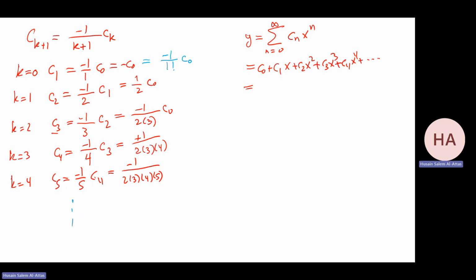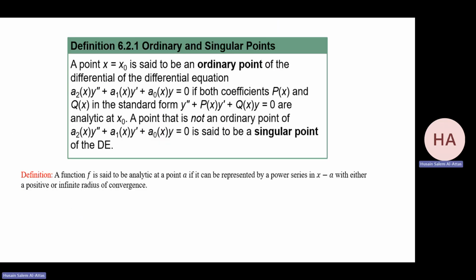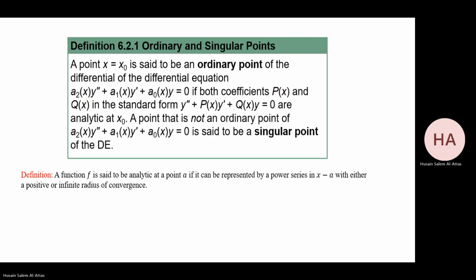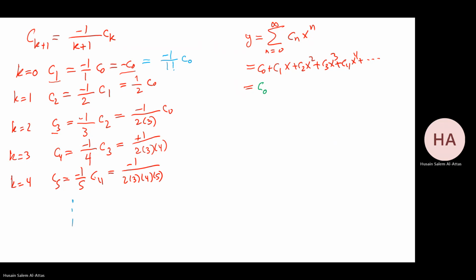So now if I plug these numbers, which I got for C1, C2, C3, C4, into this expression, what will you see? Before that, since I want to get the exact solution, not only the series, let me go back to this one.